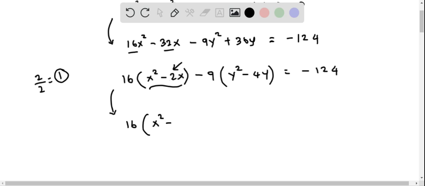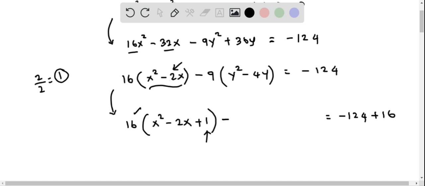So we write x squared minus 2x plus 1, and when we add this 1 to this side, we should also add 1 to this side. But remember that the one that we are adding is not just 1, it's basically 16, so we have to add the 16 onto the right side as well. So I put negative 124 plus 16 here.